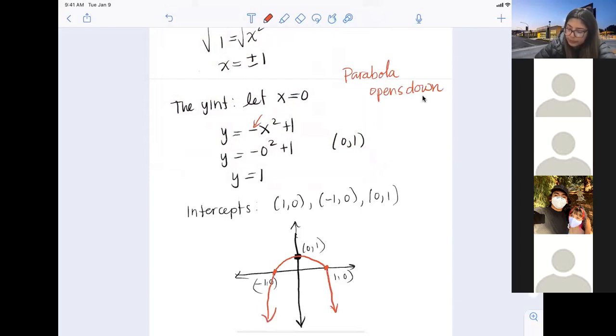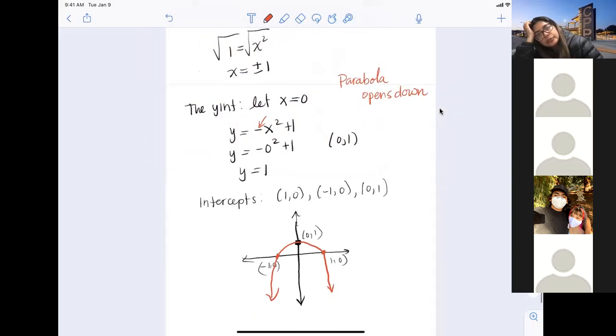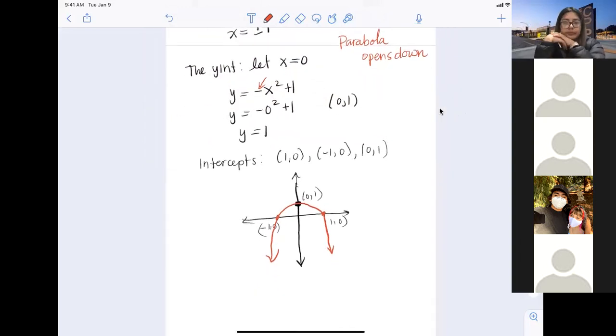Like that. There is your parabola. Okay. So you need to sketch and plot your intercepts. All righty. Next step.